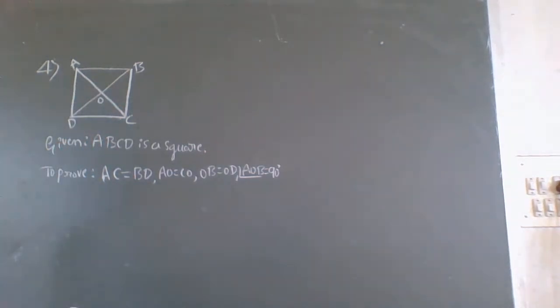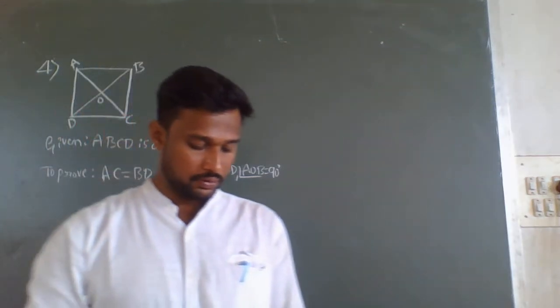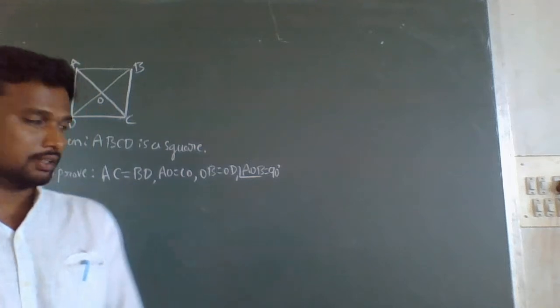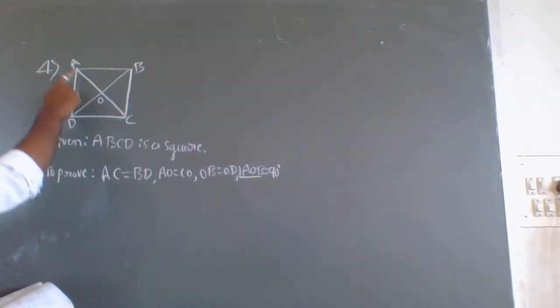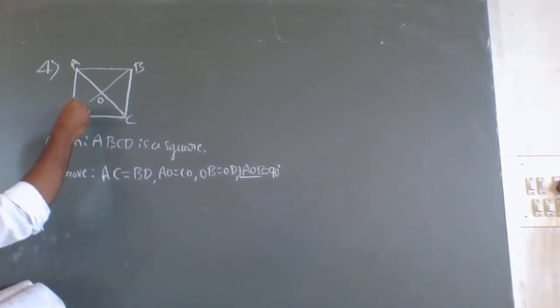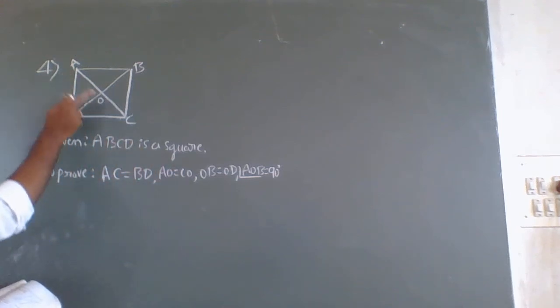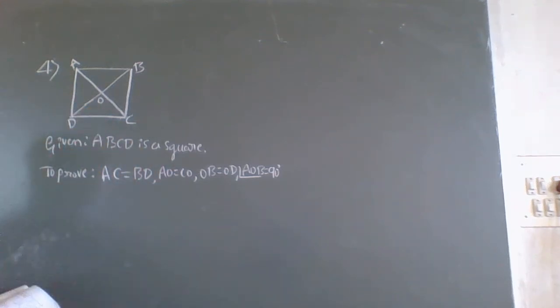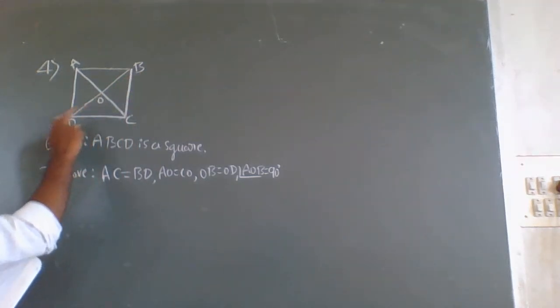And again, what do we have to prove? Diagonals of a square are equal and bisect each other. Bisect means equally divided into two parts. So OA is equal to OC. Here I have written AO is equal to CO. And here OB should be equal to OD.